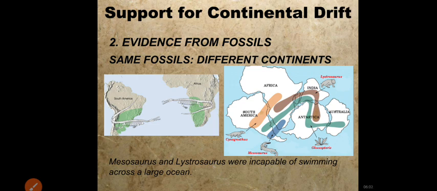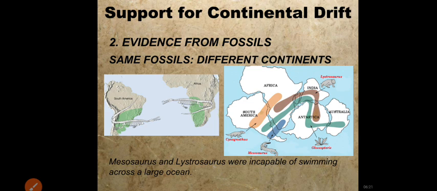Evidence of fossils from different areas. Similar animal fossils and plant fossils are found in different continents, which tells you that these continents were once together.